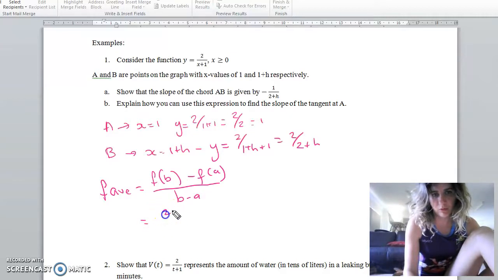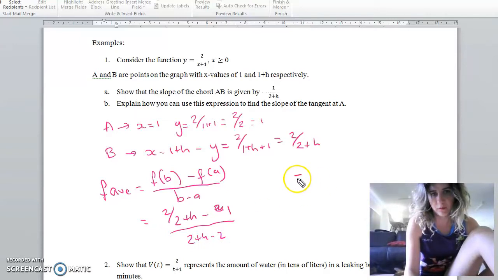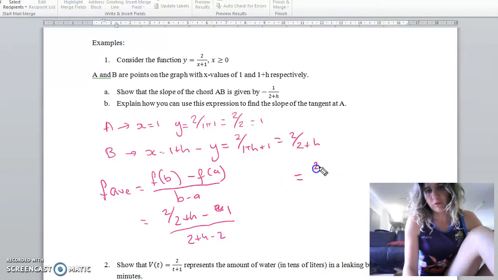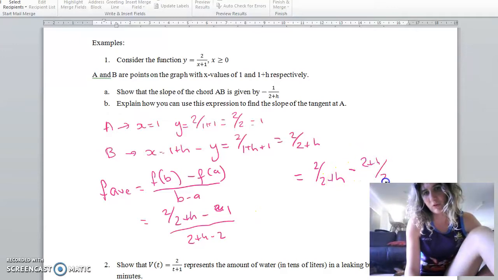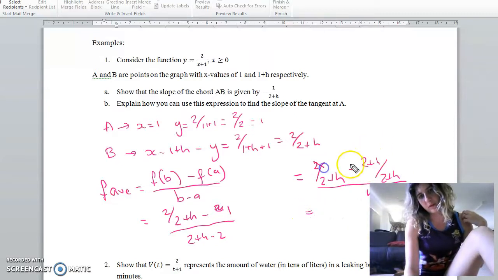So that's 2 over 2 plus h minus 1, over 2 plus h minus 2. We then want to make common denominators, so we want all of this over 2 plus h. So this is going to be 2 minus 2 plus h, over 2 plus h, over h. We can then cancel out our 2's.